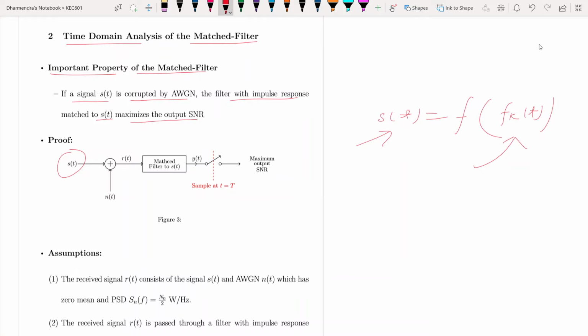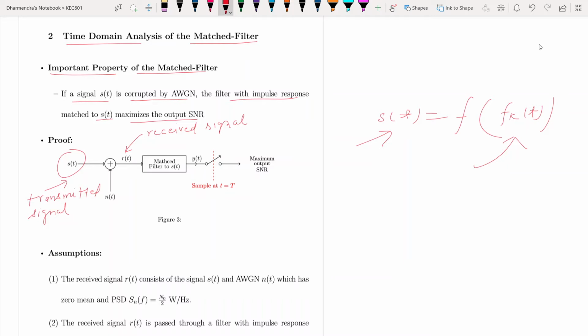Okay, so this is a block diagram of the matched filter of a single branch, for one dimensional modulation, a digitally modulated signal. So s of t is the transmitted signal, r of t is the received signal, and this is input to the matched filter. This matched filter should match to s of t.